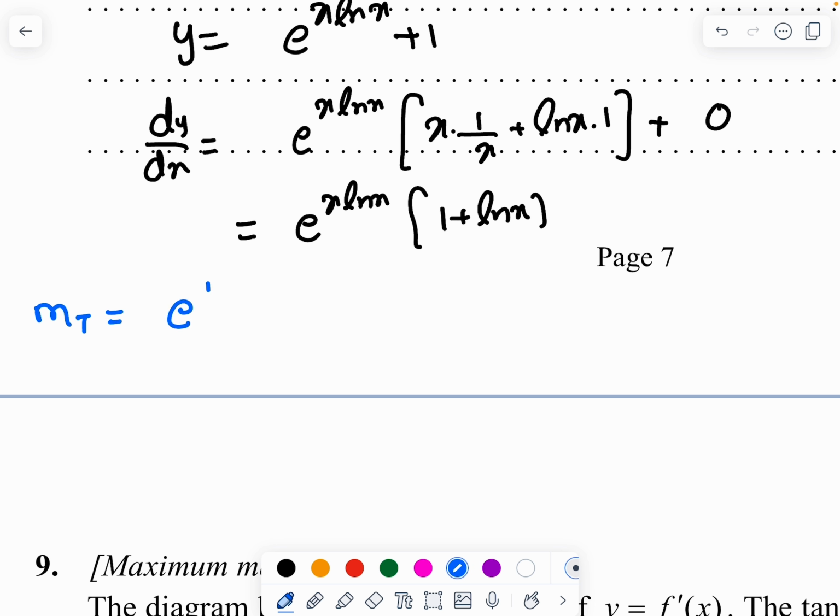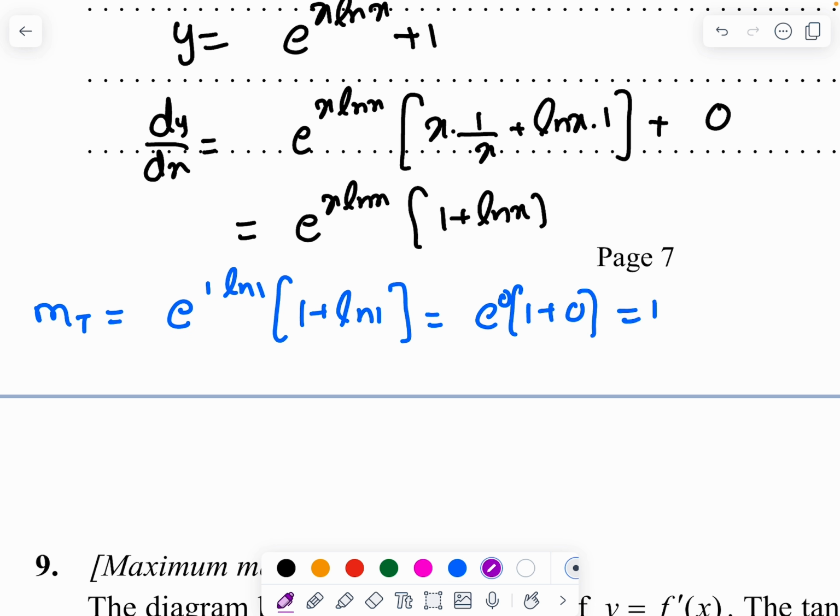So e power 1 ln 1 times 1 plus ln 1. What is that going to be? ln 1 is 0, we know. So e power 0 times 1 plus 0, so it's going to be 1. The slope of the tangent is 1.